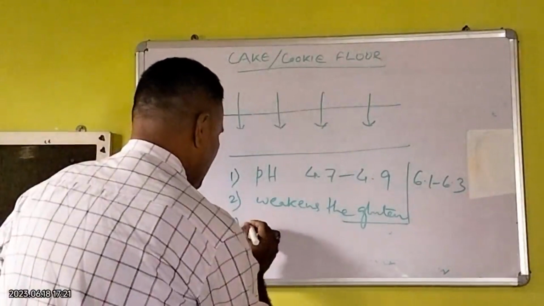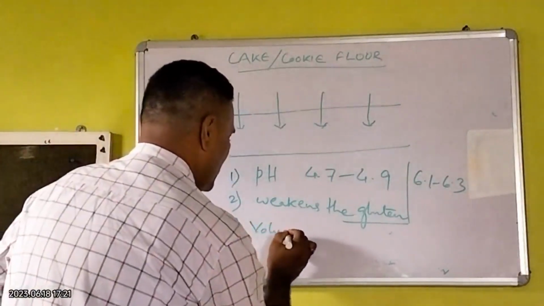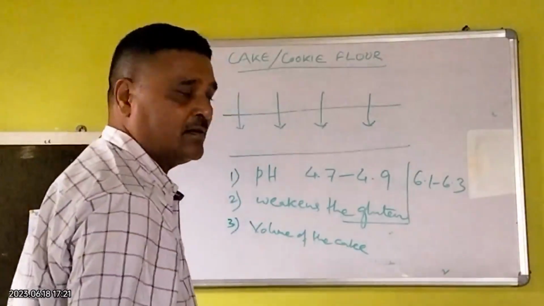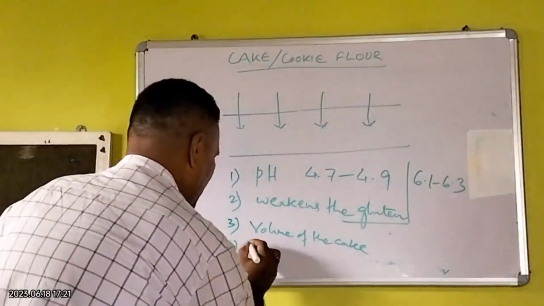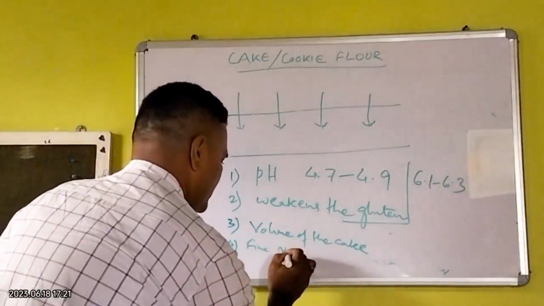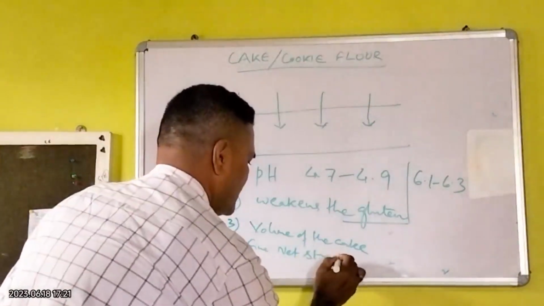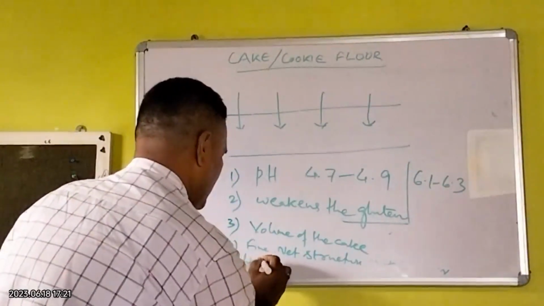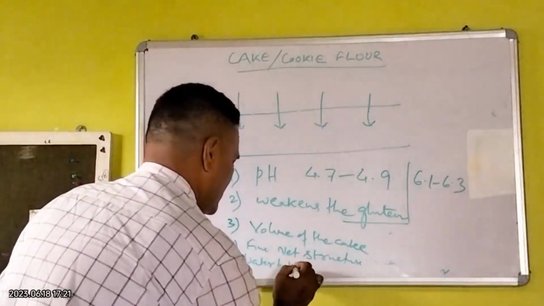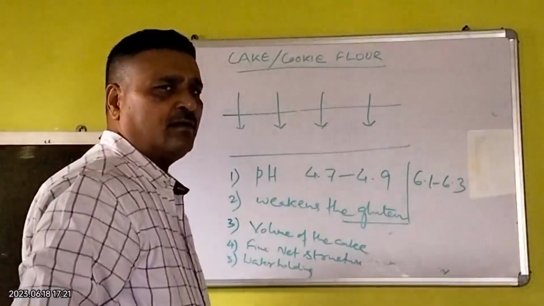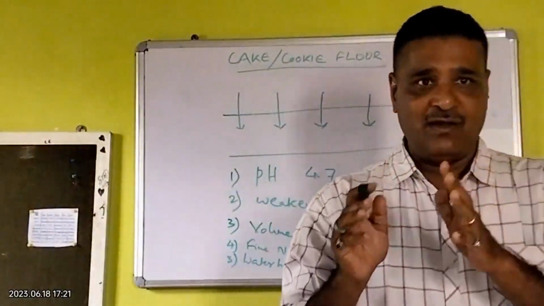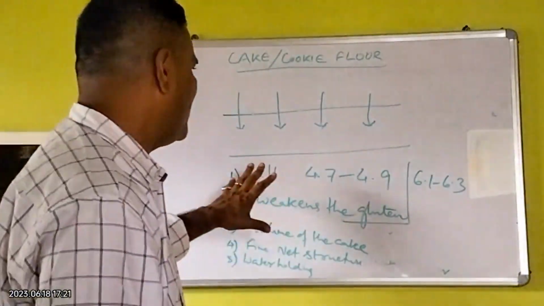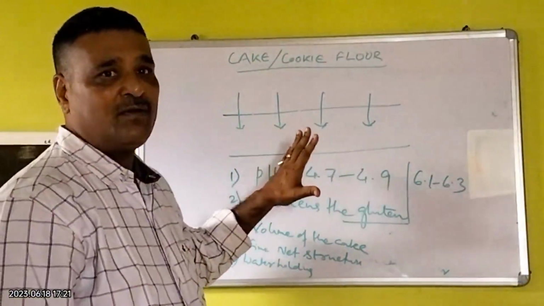The third is it contributes to the volume of the cake. It gives you a very fine net structure. And we discussed water holding. How does it do it? It actually alters the amino acid profile of the flour, and hence there is no replacement for chlorinated flour.